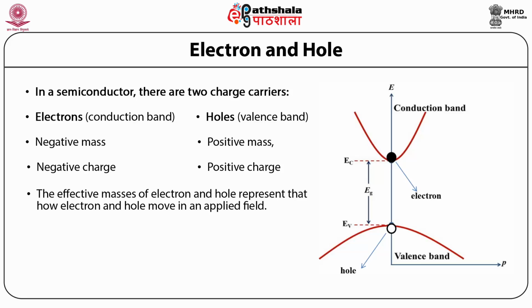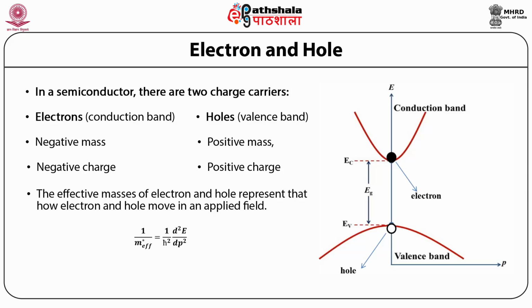Also, the expression for the effective mass is given by 1 by m effective is equal to 1 by h cut square d square E by dp square. Effective mass reflects the inverse of band curvature, that is, the lower the value of effective mass, the larger is the curvature.